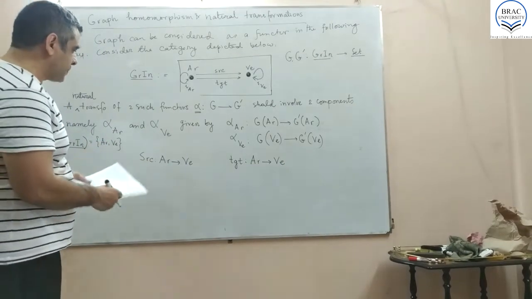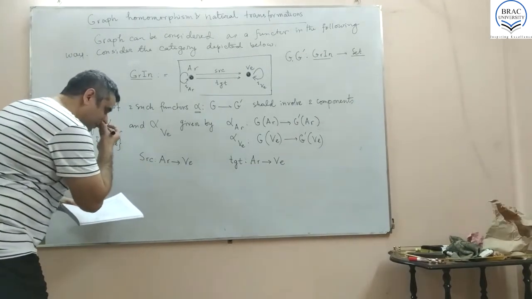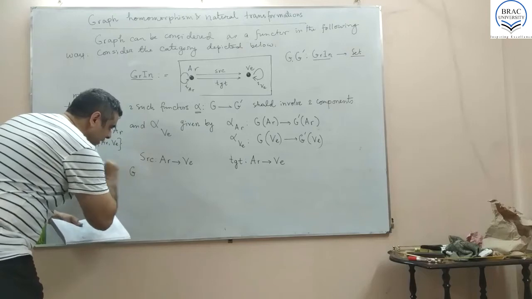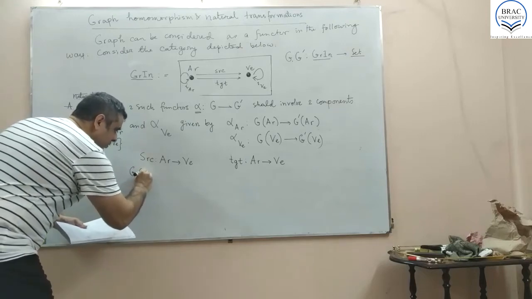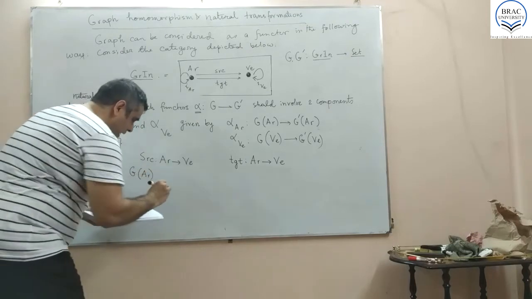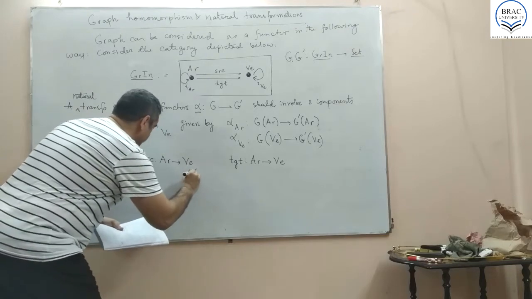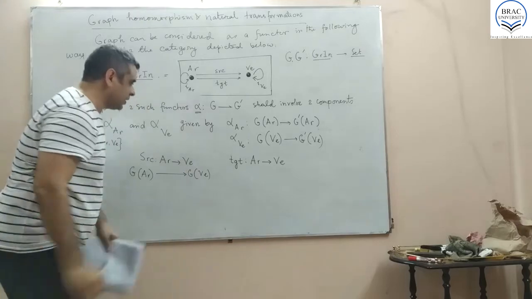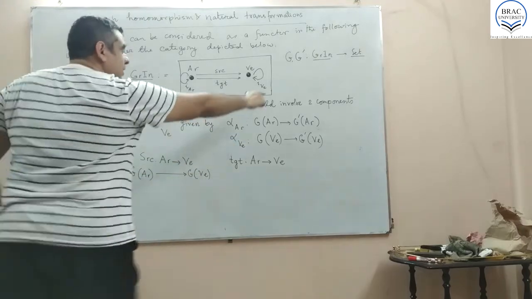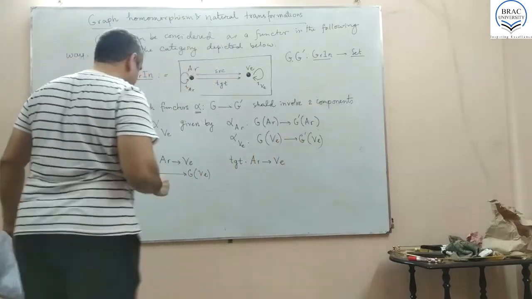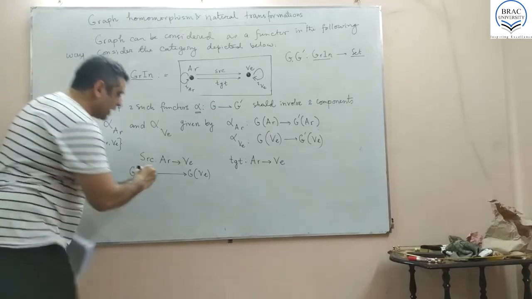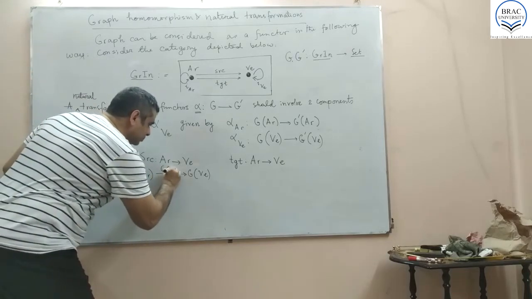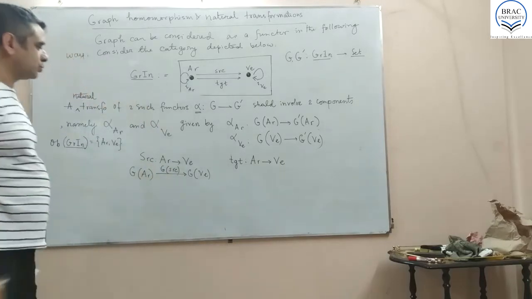What are those? So associated with this map, we have this naturality square from GAR to GVE. There is a map between these two sets in the category of sets, which is called GSRC, which is the source function.